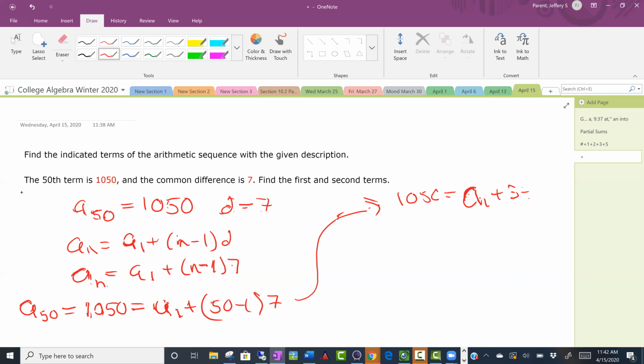You can check me on the calculator. Yep, 343. And when I subtract that, I get 707 for a sub 1. Okay, that makes sense.